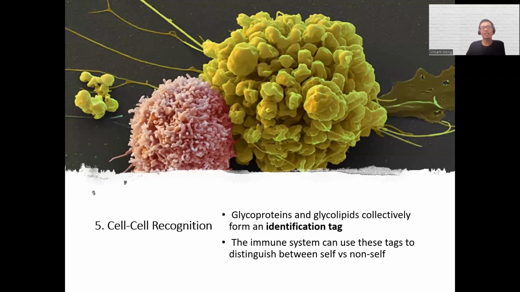Does anybody know any examples of autoimmune diseases that you've read about in the news and social media? Lupus is an example of an autoimmune disease. Very good. Maybe one more. Is it MS? Yeah, MS, which stands for multiple sclerosis. Not leukemia though.